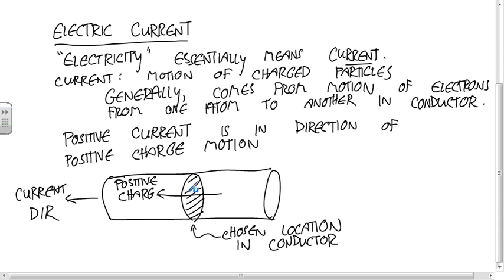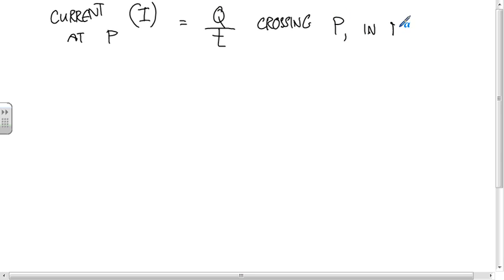Think of this location as the location P. Then the current, which we'll abbreviate as a capital I, at P is the amount of charge going past that point P, divided by the time, the amount that crosses P in the direction of the positive charge.